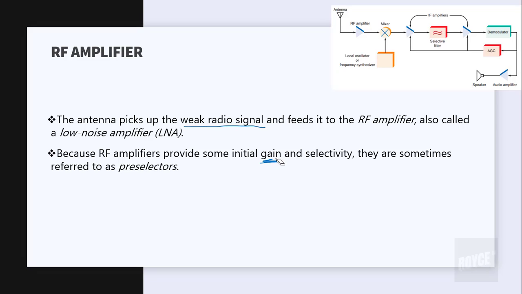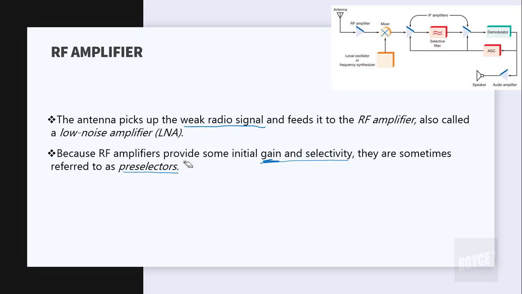Okay, and meron na itong unang selectivity. Bakit? Because itong RF amplifier na to, amplifiers are also designed to operate at a certain frequency. Okay, so meron na tong initial selectivity. Sometimes this stage is being referred to as pre-selectors.